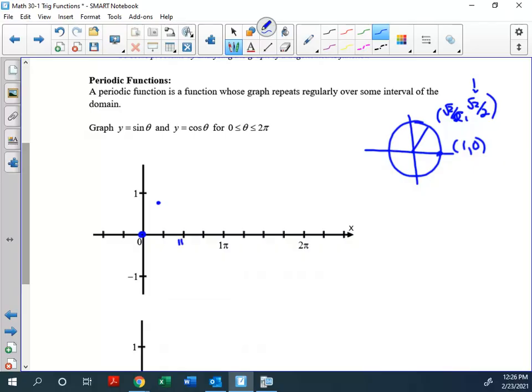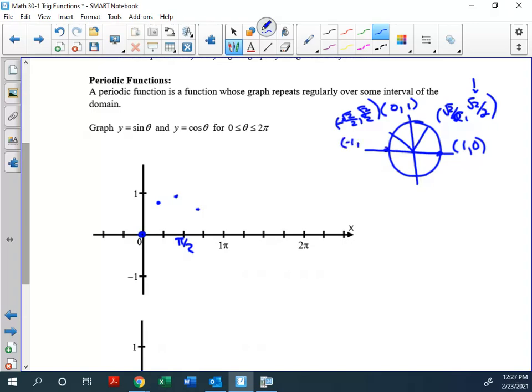When we get to pi over 2, so we're at the top, our y value is now at 1. I've reached the high point along the y. We go to our next value at 3 pi over 4. It's a negative there. And our y value goes back to root 2 over 2, which is our 0.7.